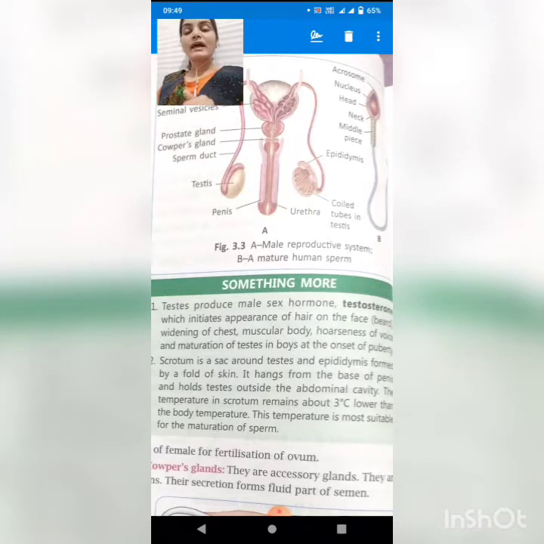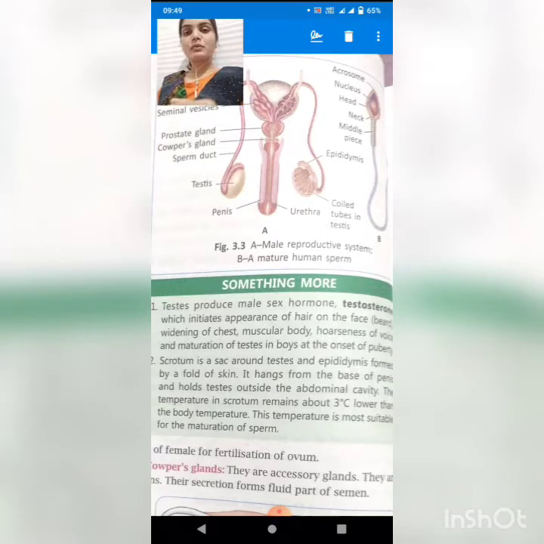Now what is the function of the sperm duct and vas deferens? They work as a medium, or you can say a pathway, which transfers the matured sperm from the region of the epididymis to the region of the urethra, because the urethra will allow the sperm to go outside. Okay, after that you can see the structure of the urethra. As I told all of you, the urethra is responsible for ejaculation of the male gamete outside.